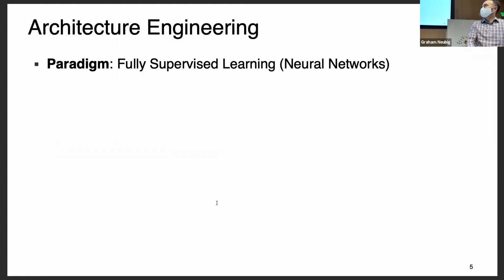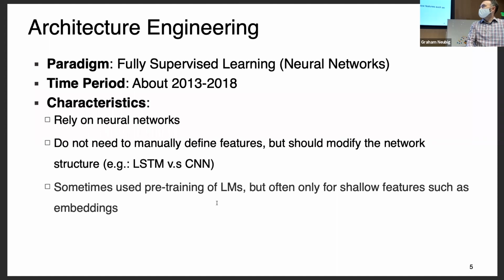Basically, we would use fully supervised learning with neural networks. This was quite popular from maybe 2013 or so to 2018. This would rely on neural networks to be our feature extractors instead. So now instead of manually defining feature templates, we would extract them using RNNs or whatever else.